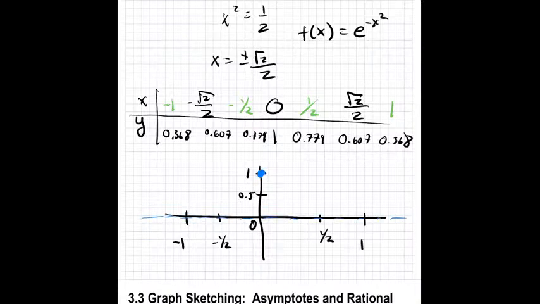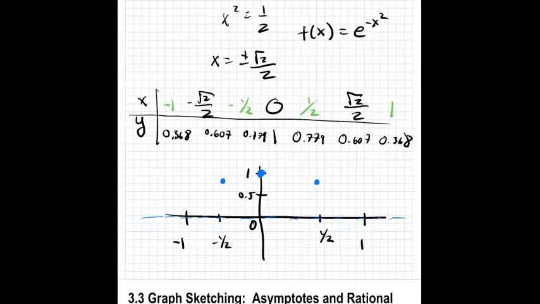Okay, at 1/2, we're at 0.7. So here, we're about here. But then we have a repeat of that. Copy, paste. 0.7 is about here. It's not drawn to scale. I'm just trying to get the idea across.